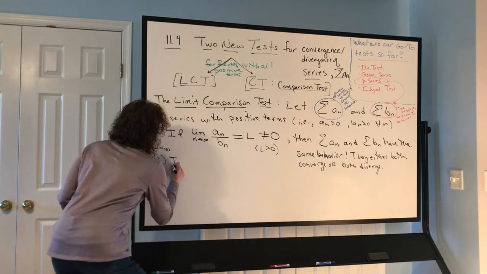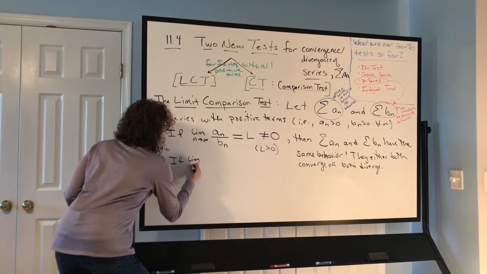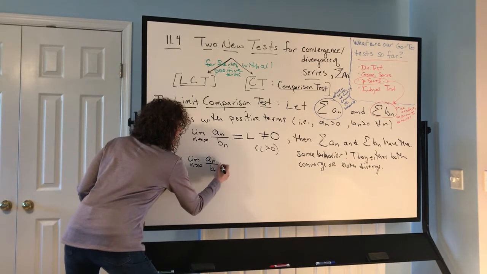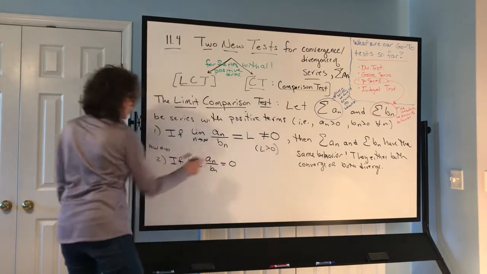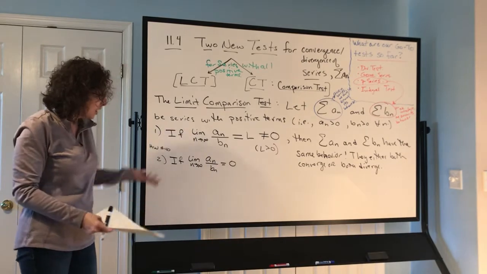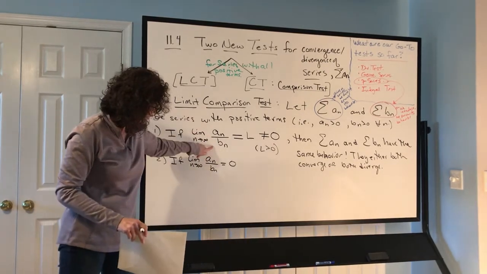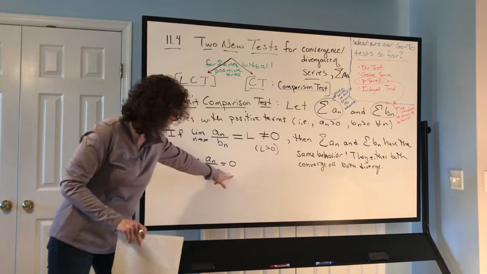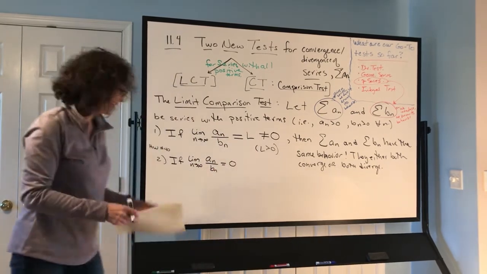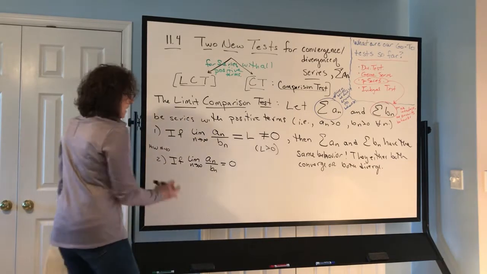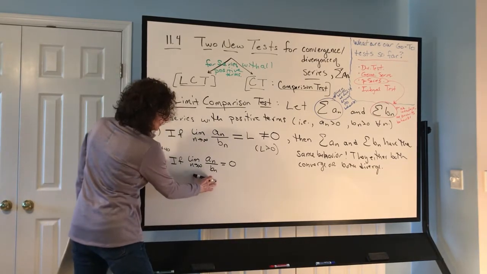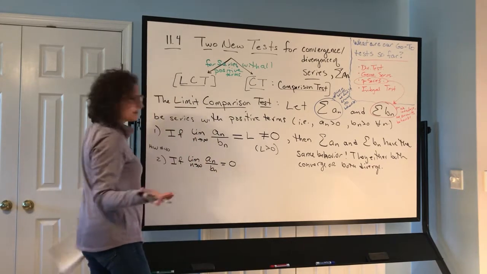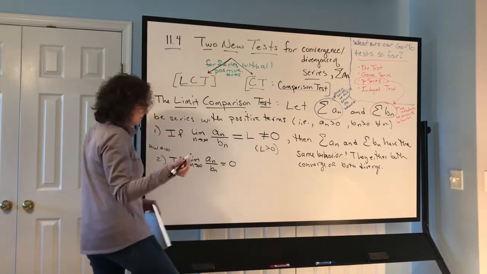Well, that says if the limit as n goes to infinity of an over bn is equal to 0, that was one of our other options, then this piece tells you nothing. Is all hope lost? The answer is no.